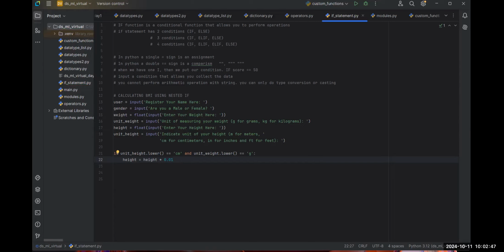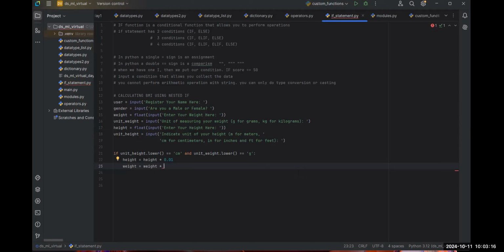Now the same thing we are going to do for weight. Weight will be equal to weight. For every 1 kilogram, we have 1,000 grams.